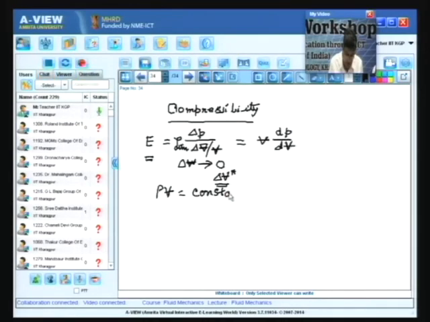The product is constant, which gives mathematically that d rho by rho is equal to minus dV by V.